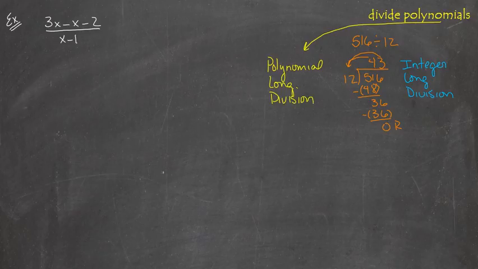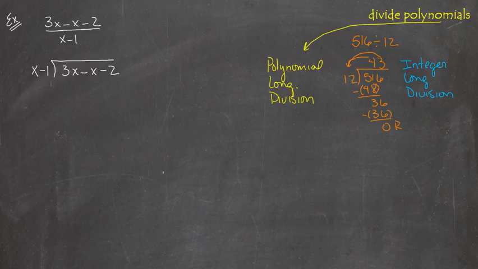Which is almost exactly the same thing as integer long division, except it has a couple of little differences that accommodate the fact that a polynomial is not an integer. So first, I set it up exactly the same way. I'm dividing by x minus 1, and the thing I'm dividing is 3x squared minus x minus 2.